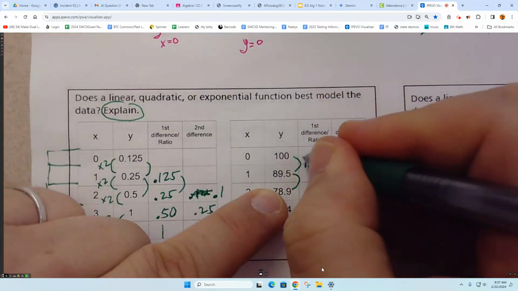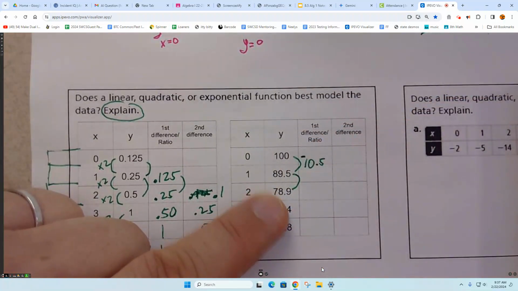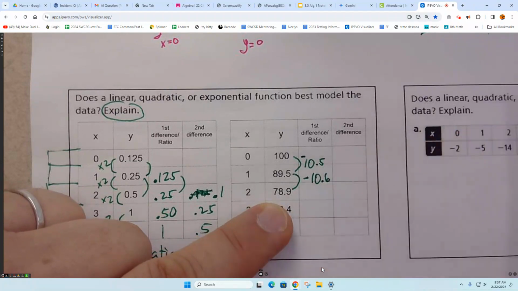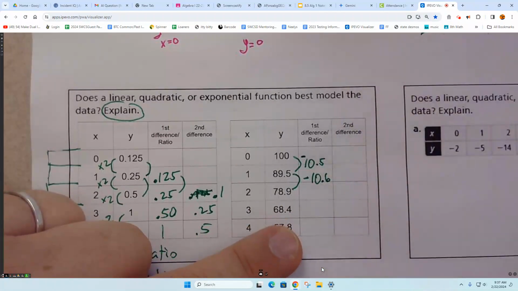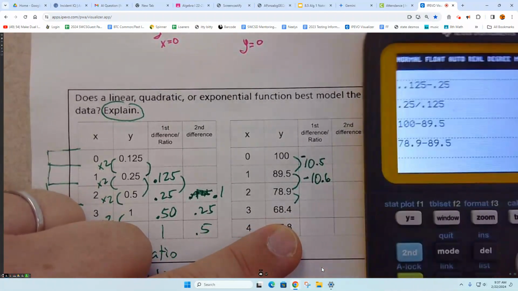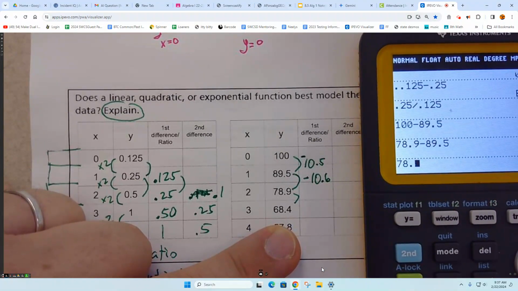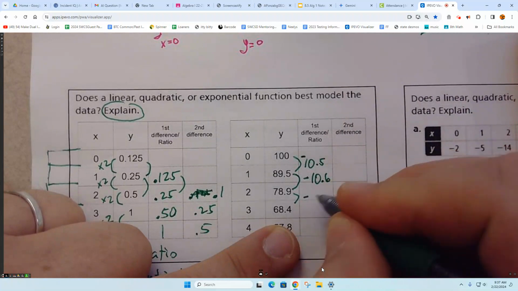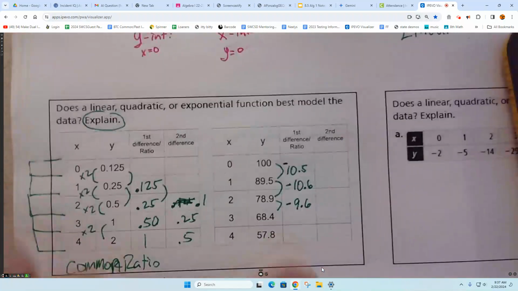Okay. And then I get negative 10.6. And then I want to figure out this change, 78.9 minus 68.4. And I get negative 9.6. Did I make a mistake?